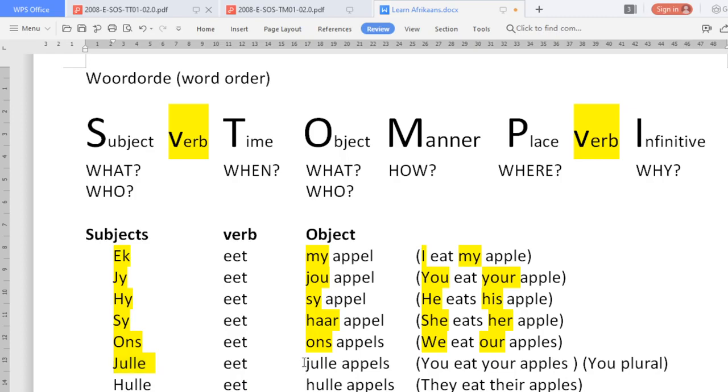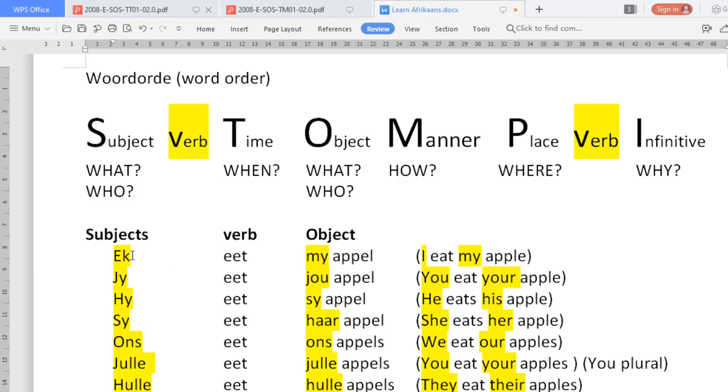So if you're talking to a group of people, you say julle. Julle eet julle appels. You eat your apples. Then we've got hulle. Hulle is they. So hulle eet hulle appels. They eat their apples.